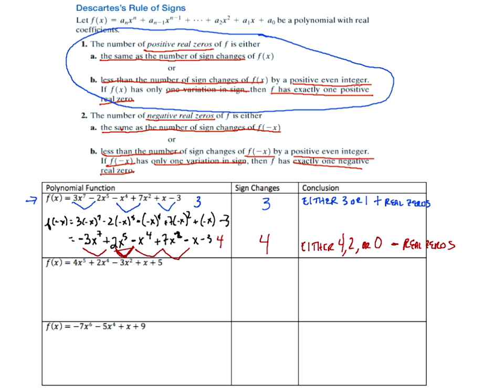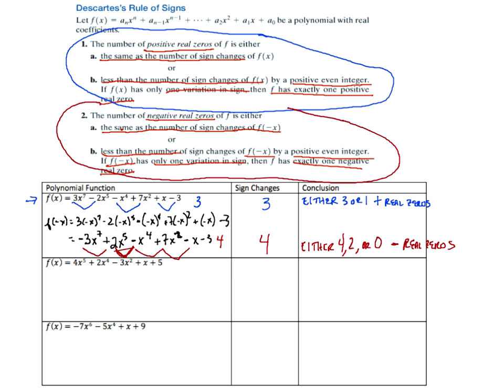So this just tells you what type of zeros to expect before you do the synthetic division process. You can still use P and Q to narrow it down, but you can narrow it down even further by knowing this bit of information about the positive and the negative real zeros. Let me just use the red for the negative real zeros.